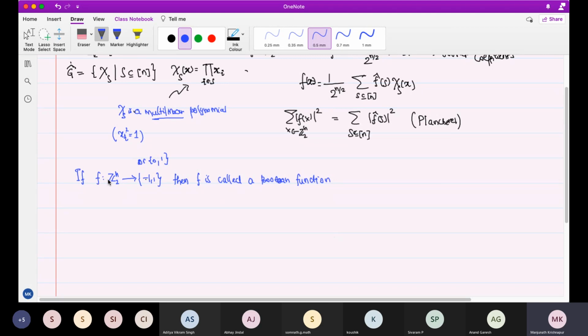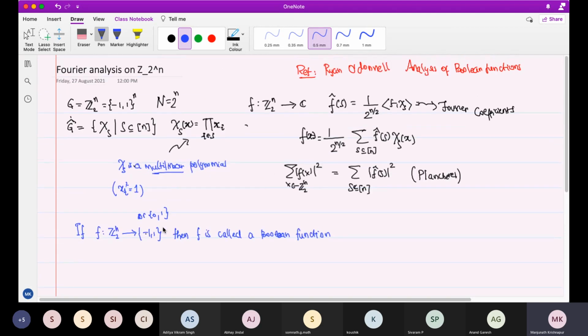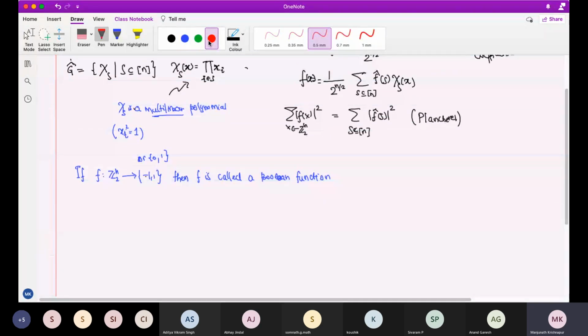So the way the application will show, the interpretation will be like this. Maybe I give the interpretation here. You think of them as n voters. So these are voters. And then there are two candidates.